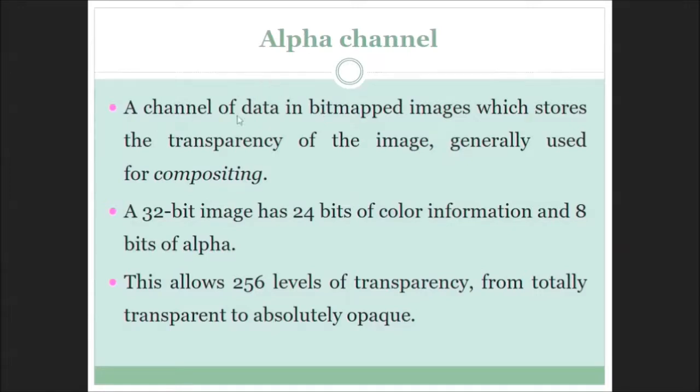Then alpha channel. What is alpha channel? A channel of data in bitmap images which stores the transparency of the image, generally used for compositing. You might have seen these terms RGB, right? Now, what if we want some sort of transparency or non-transparency? For that, you just have to add this A, RGBA.